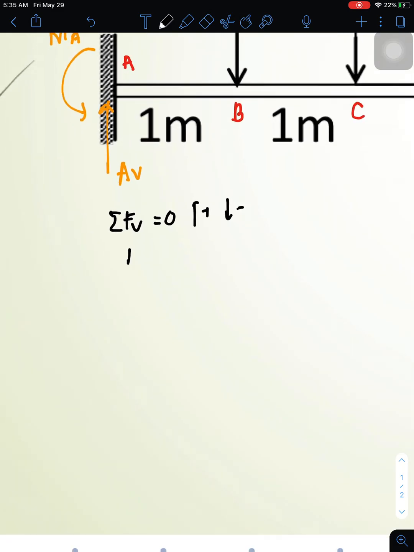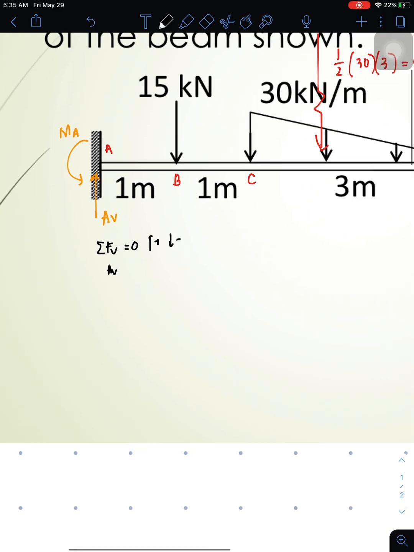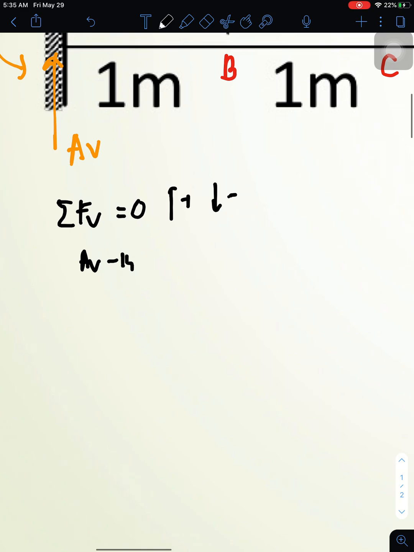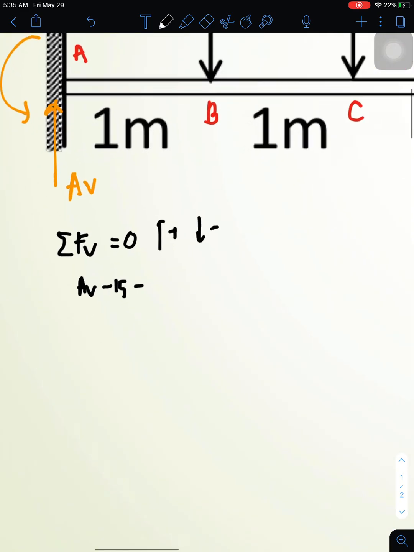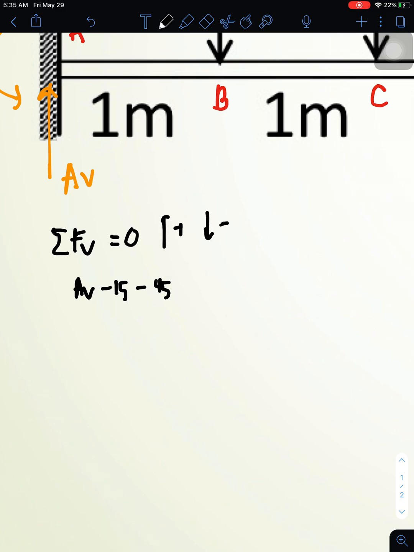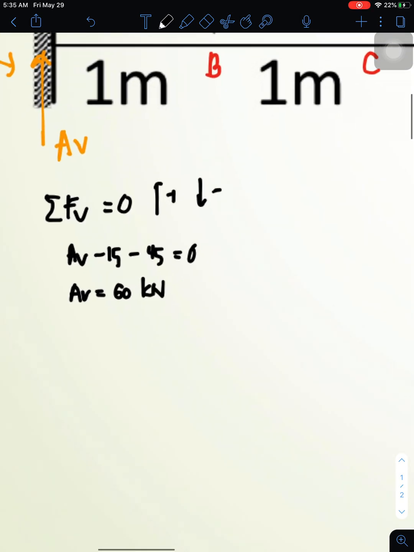So AV is upward, so that's positive, then minus 15 and minus 45 equals 0. Therefore our AV is 15 and 45, so that's 60 kilonewtons.